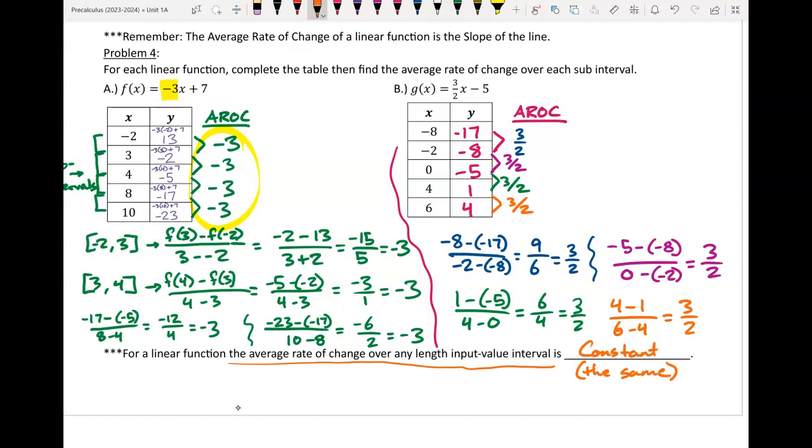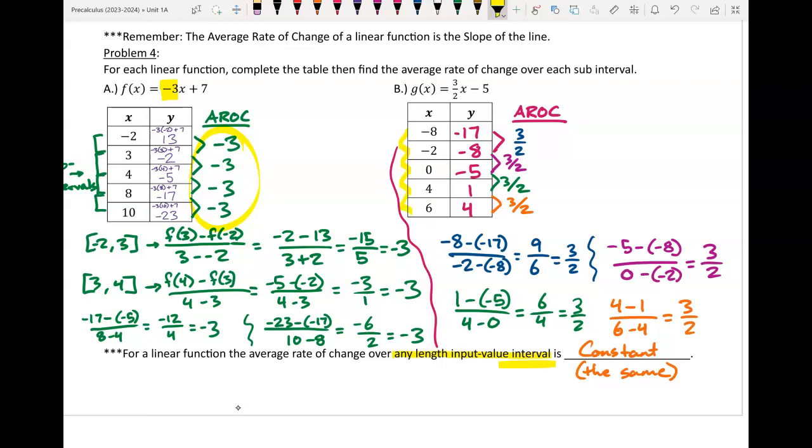It's an interesting way of phrasing things here. It says over any length input value interval. So we had those subintervals, and looking over each of those input value intervals, they're saying any length. So that means we don't have to be going up by the same amount.